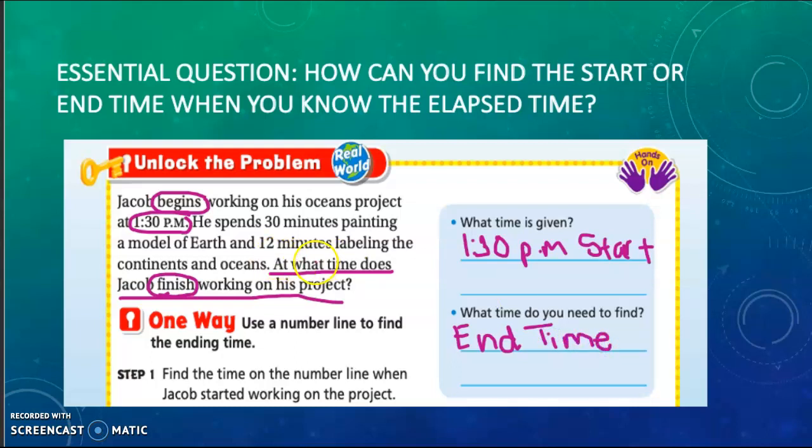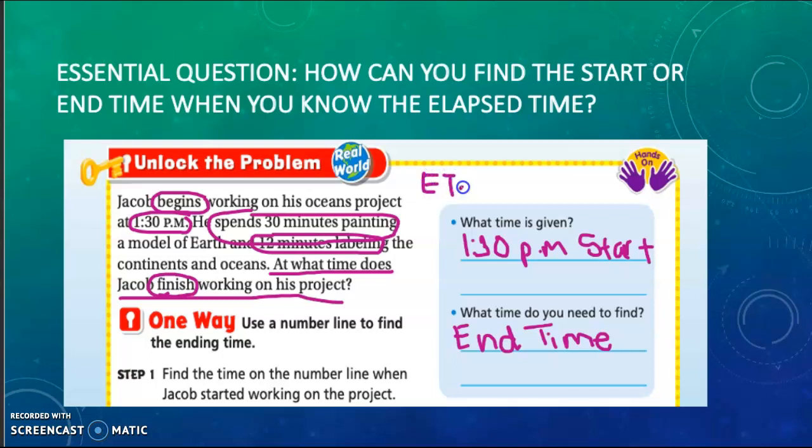All right, so let's look at what do we know. Well, we know that he spends 30 minutes painting and then 12 minutes labeling. So that is going to be our elapsed time. So we'll make a note up here and we'll put ET for elapsed time.